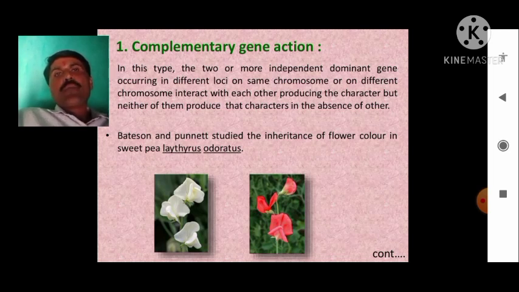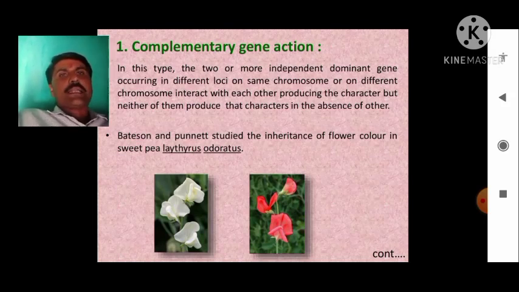Then the F1 plants were allowed to self-fertilize or self-pollinate, and in the F2 generation the progeny showed a 1:2:1 ratio in both genotype and phenotype.